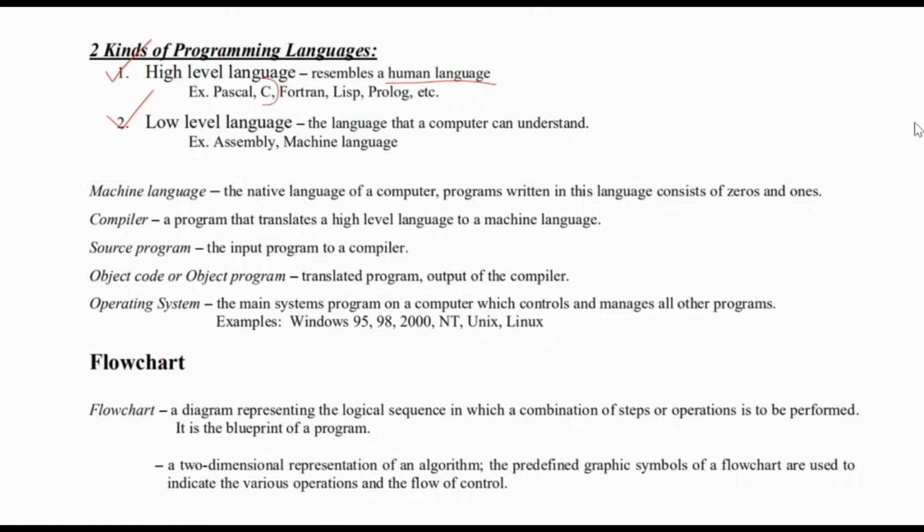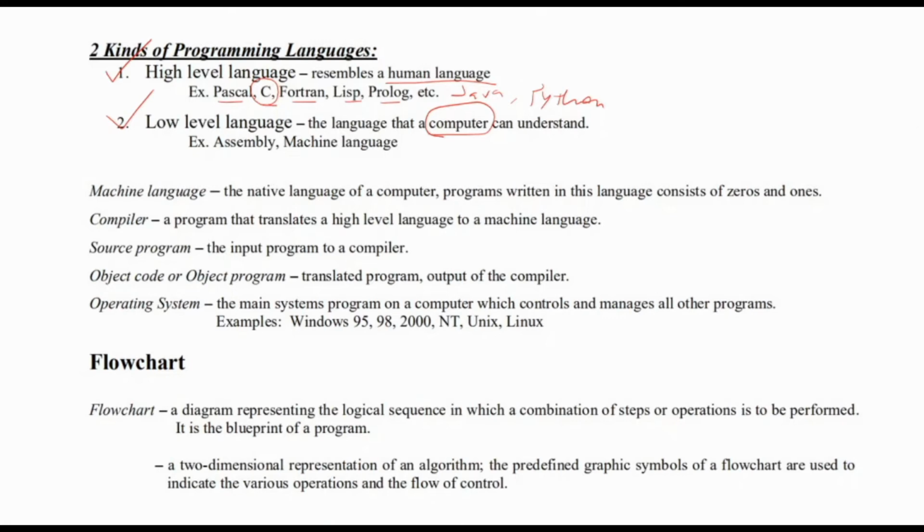So we have here C, and others like, in the past, Pascal, Fortran, Lisp, Prolog, and we have also Java and Python and many others. The second, which is called low-level programming language, resembles the computer's language or the computer's native language. This is closer to the computer's native language, which is the binary language.